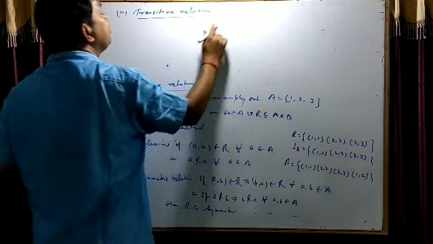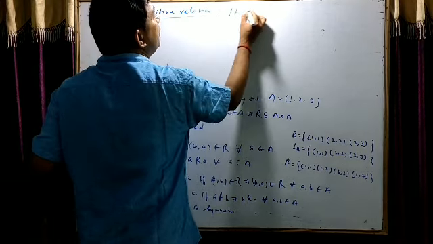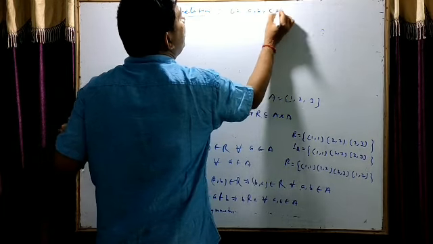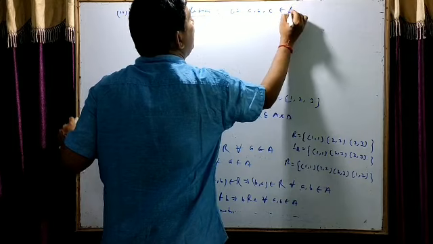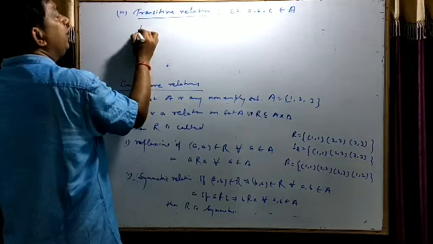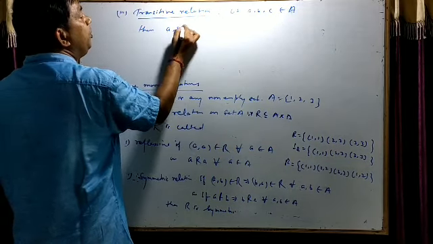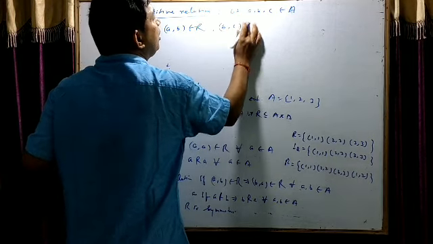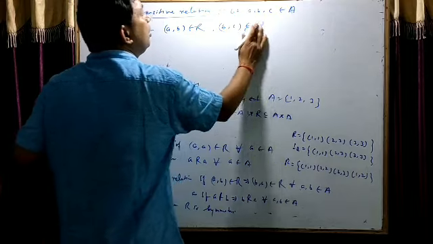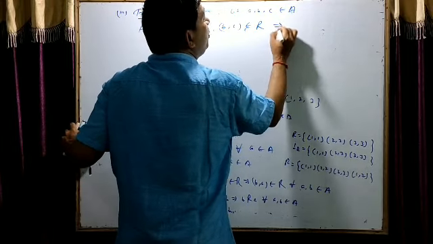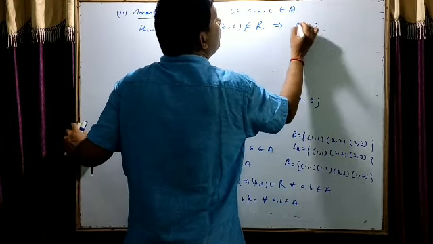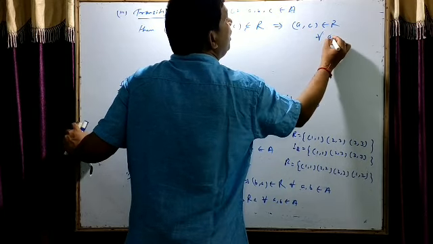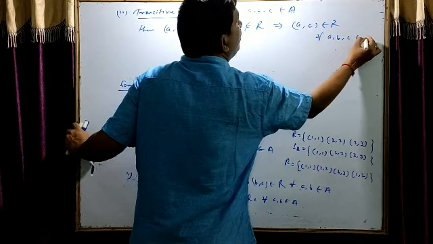Let a, b, c belong to set A. If three elements are there, then (a, b) belongs to R and (b, c) belongs to R, then it implies (a, c) belongs to R, for all a, b, c members of set A.